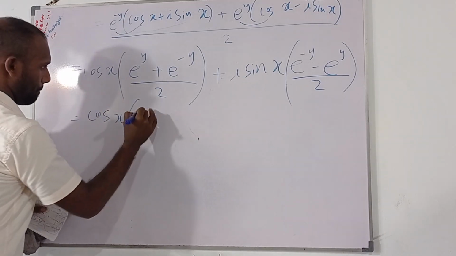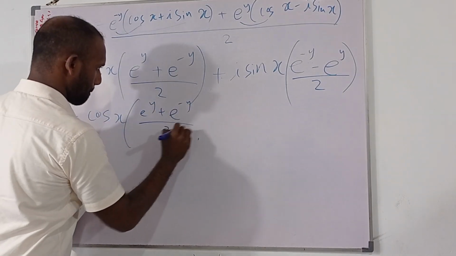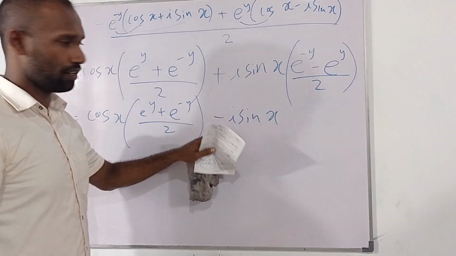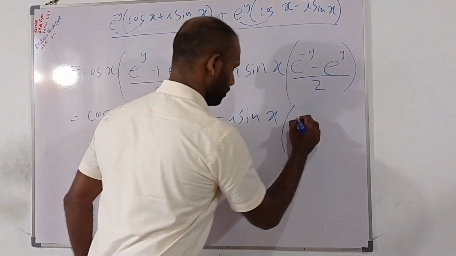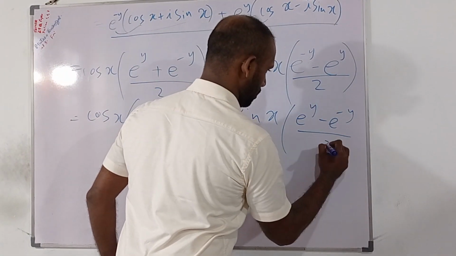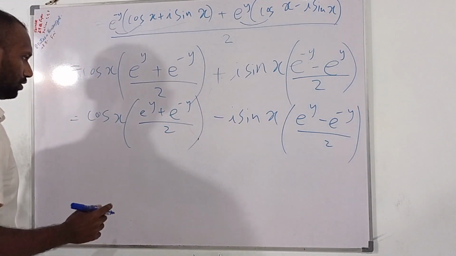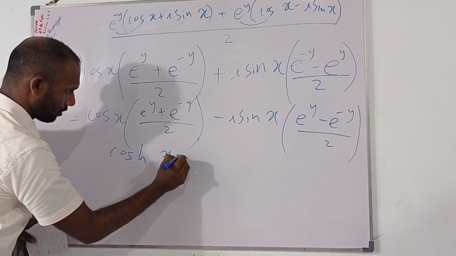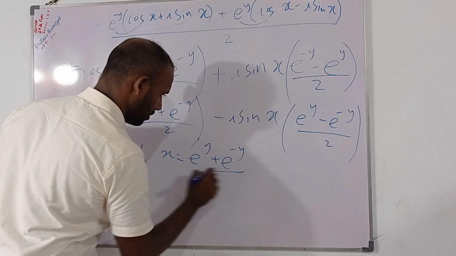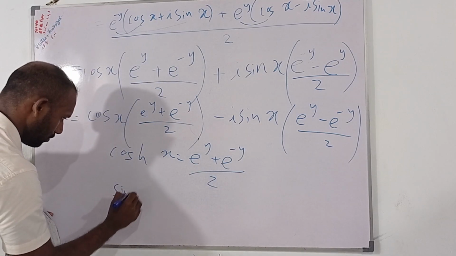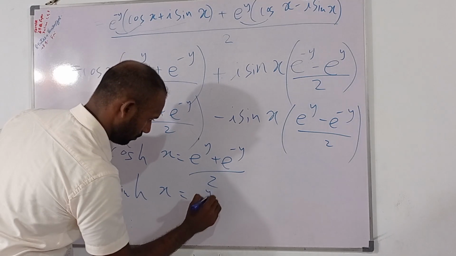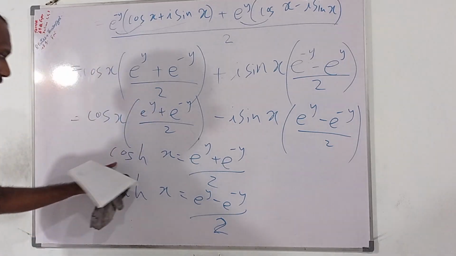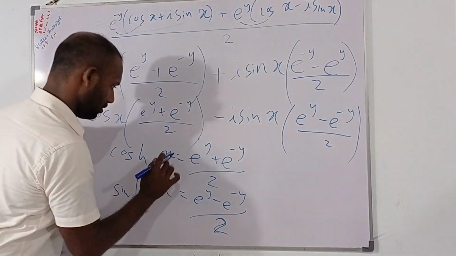So take the minus sign out. So we know that cos x, cos y.